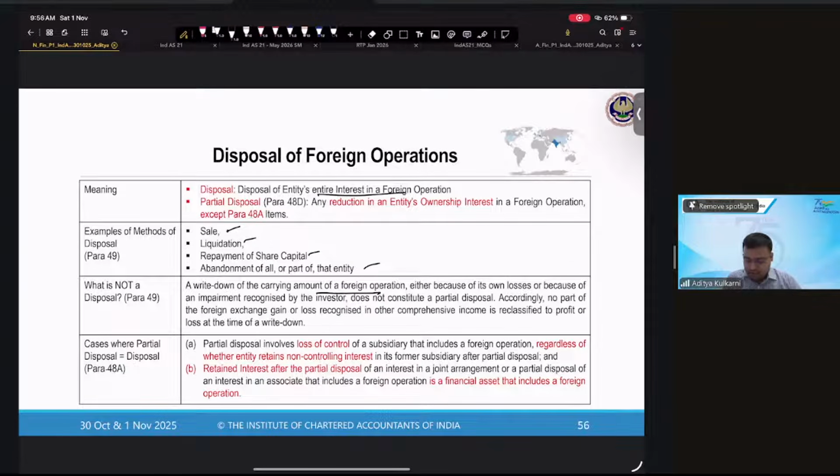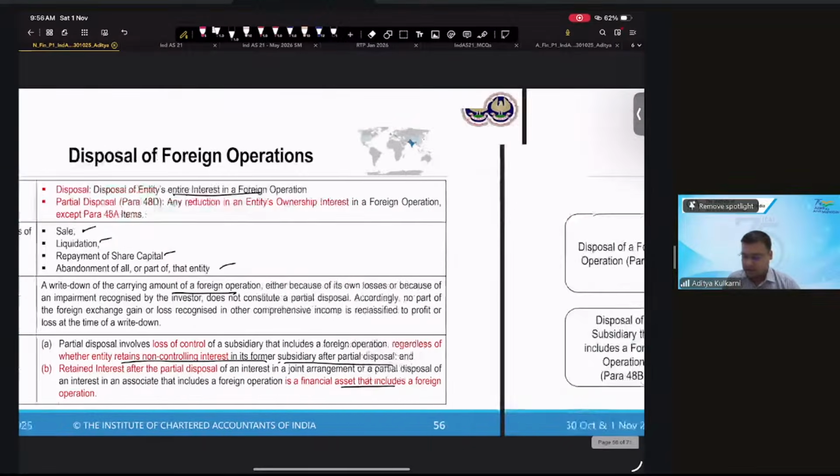Cases where partial disposal is equal to disposal: loss of subsidiary, regardless of whether the entity retains NCI after partial disposal, and retained interest is a financial asset. Note this down, just for your understanding.